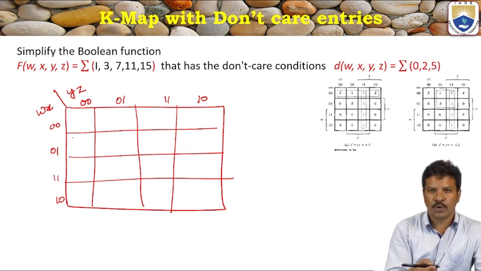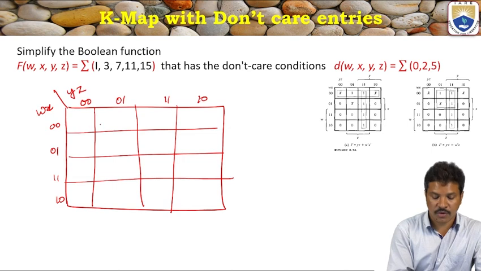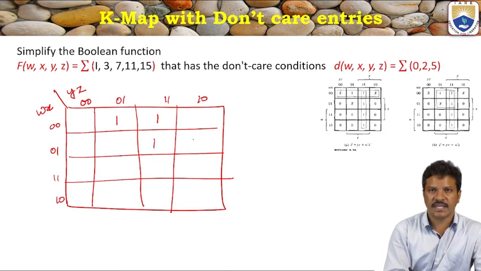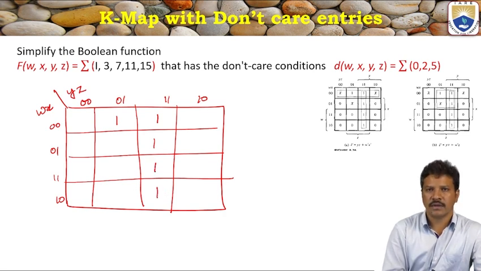And we know how to remember all the square boxes: 0, 1, 3, 2, 4, 5, 7, 6. So where is the 1? Here it is 1, 3, then 7, 11, 15, and 8, 9, 11, 10, 12, 13, 15, 14. Likewise, we can make this one.